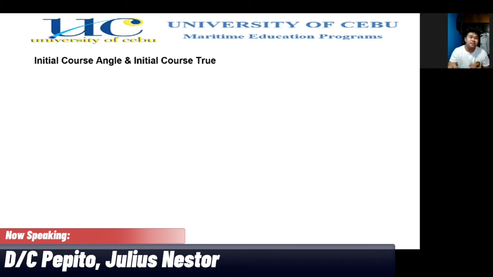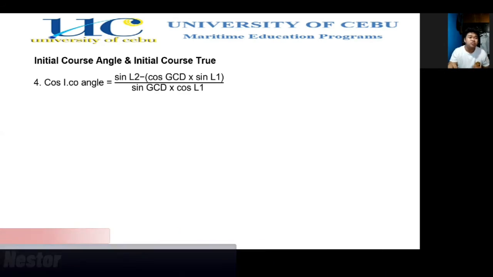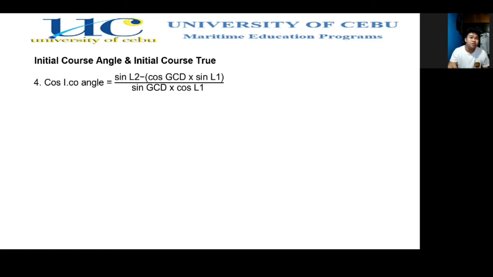After getting the D-long and D-lat, we can now get the initial course angle and initial course true. The formula for that is: cosine initial course angle is equal to sine latitude 2 minus the product of cosine great circle distance times sine latitude 1, over sine great circle distance times cosine latitude 1.